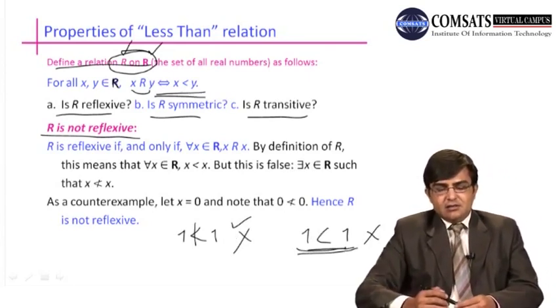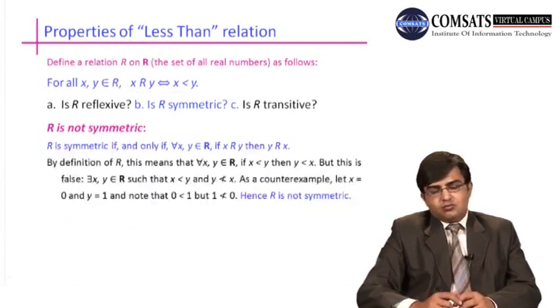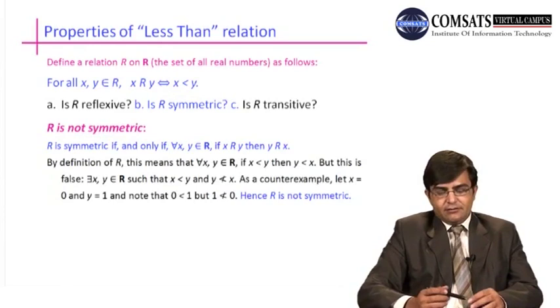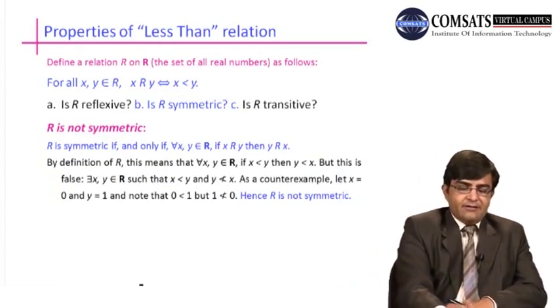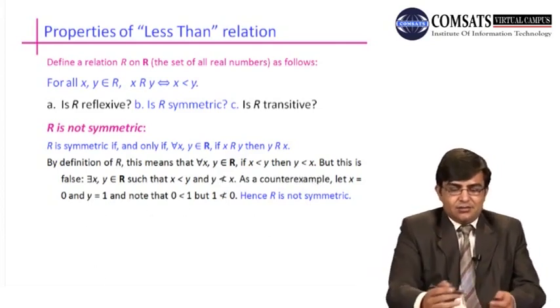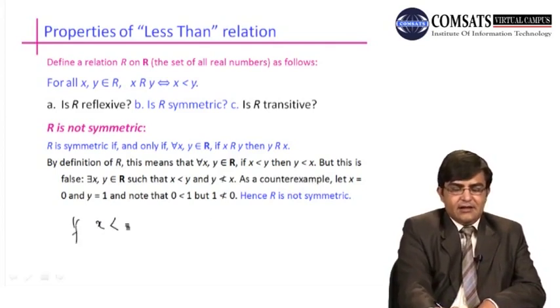Therefore this relation of less than is not reflexive. Similarly, we can show that R is not symmetric, because if x is less than y, it is not true that y is less than x.